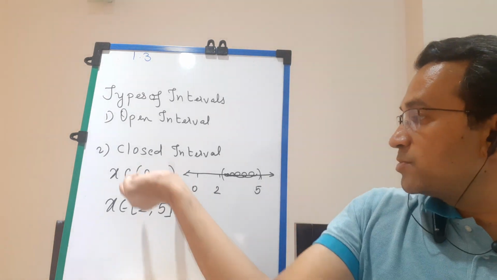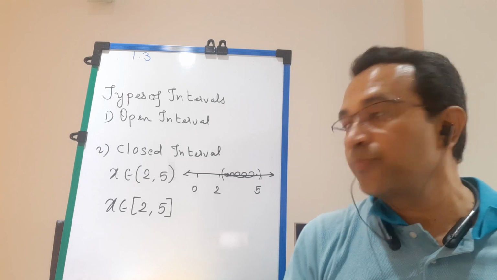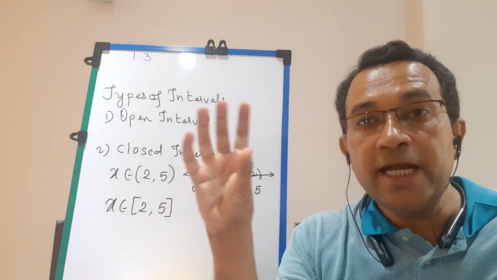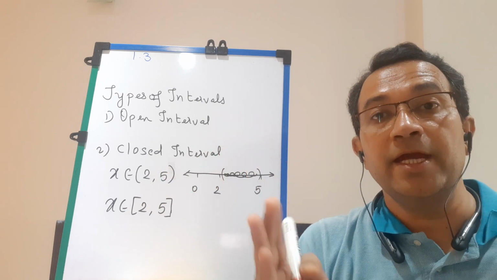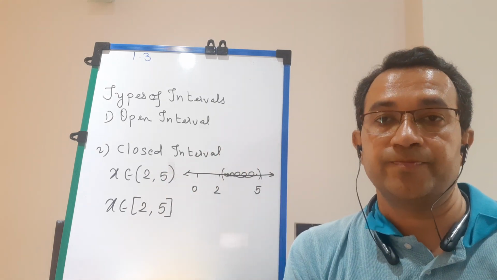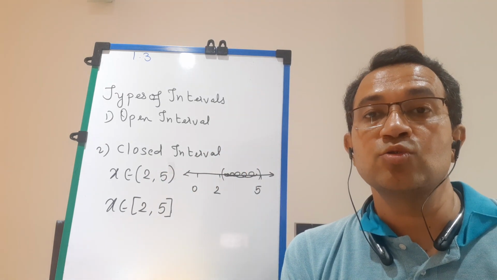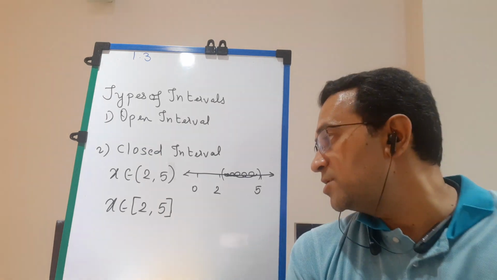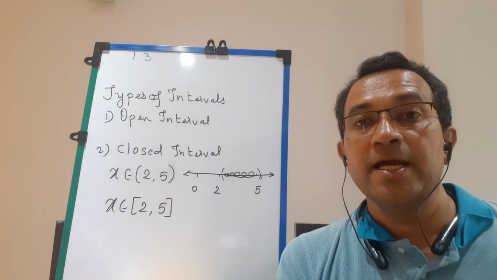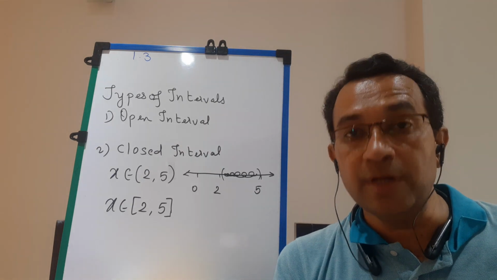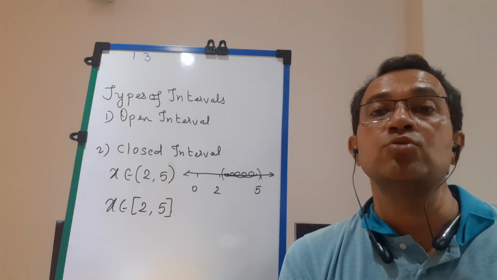Here the endpoints 2 and 5 are excluded, and here the endpoints 2 and 5 are included. So if x belongs to the closed interval [2, 5], x can be any real number between 2 and 5, including 2 and 5.